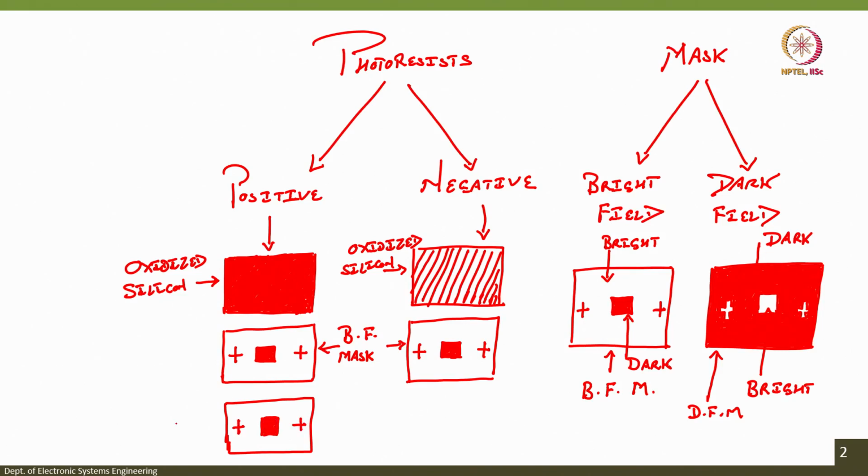This is the oxidized silicon wafer with positive photoresist. So, if I use bright field mask, then I have oxidized silicon with positive photoresist. It looks like this.